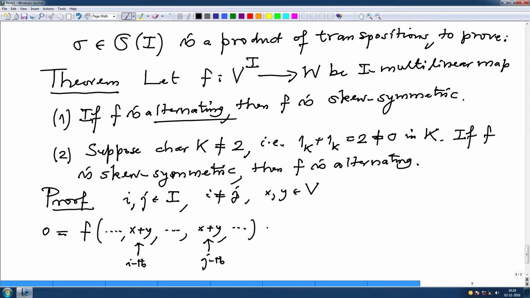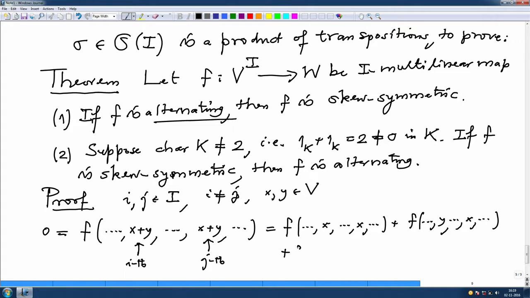On the other hand, it is multilinear, so I will expand it. The remaining coordinates are the same. So, f of x in the ith and x in the jth position, plus f of y and x, so I have taken y and this x.